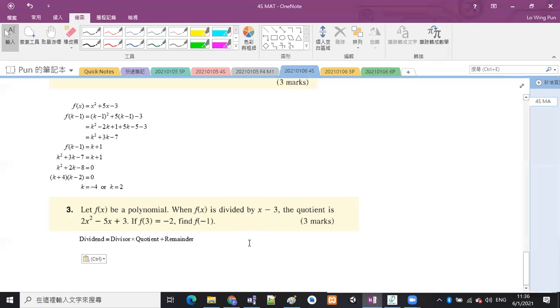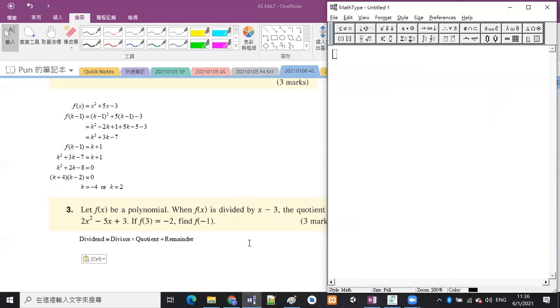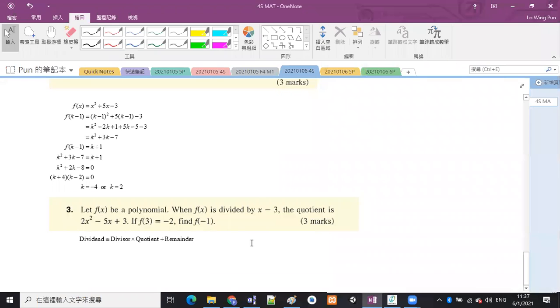Okay? If you remember, the degree of remainder should be less than the degree of divisor, that is, degree of divisor minus 1. Now, the divisor is x minus 3, okay?